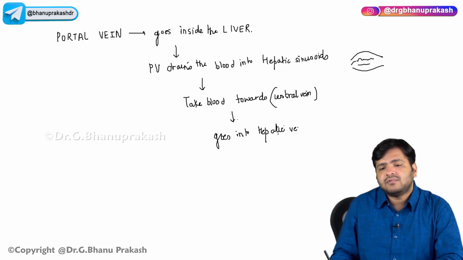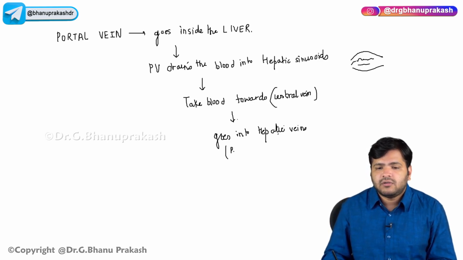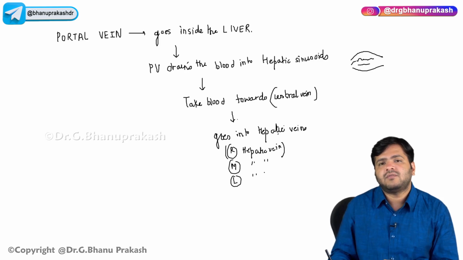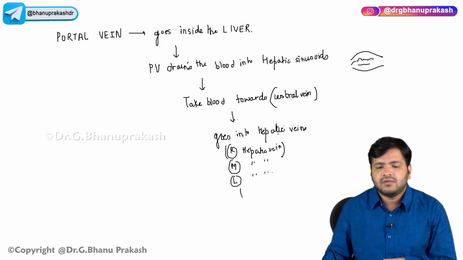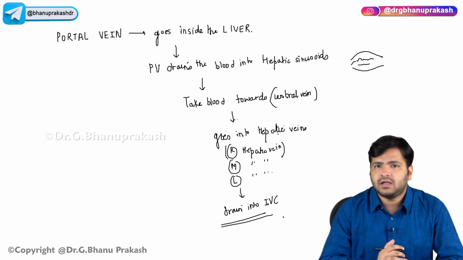You already know we have the three hepatic veins: the right hepatic vein, the middle hepatic vein, and the left hepatic vein, right? And these three will drain into the inferior vena cava.